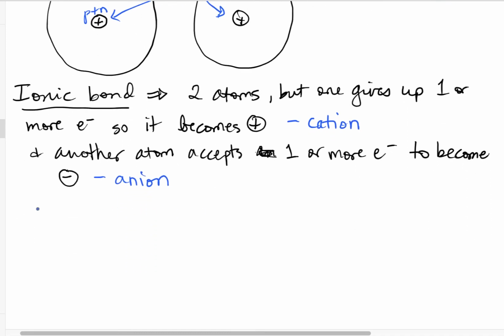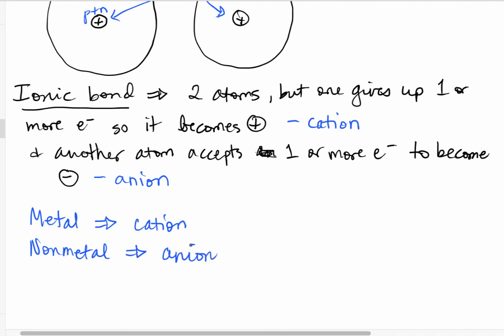The metal is always going to become the cation, and the nonmetal in the ionic compound will be the anion. As I mentioned, there's a couple of exceptions where we get a nonmetal cation, but it's unusual, and I'll show you more about that later.